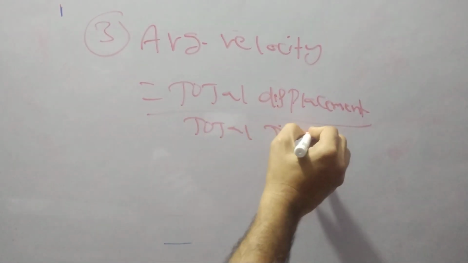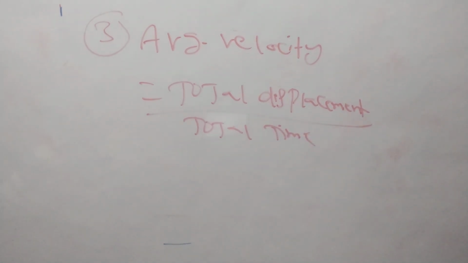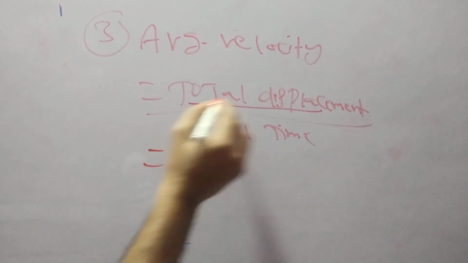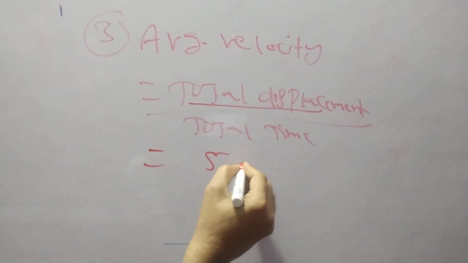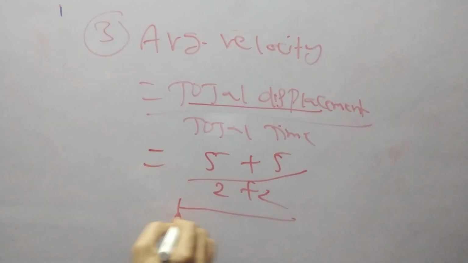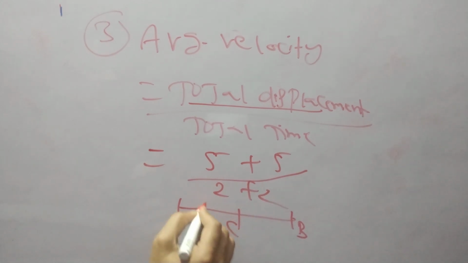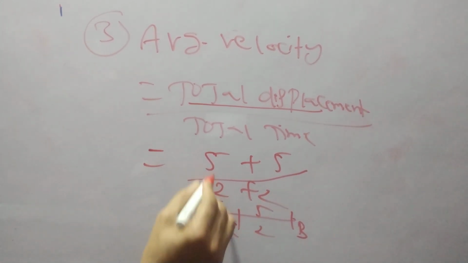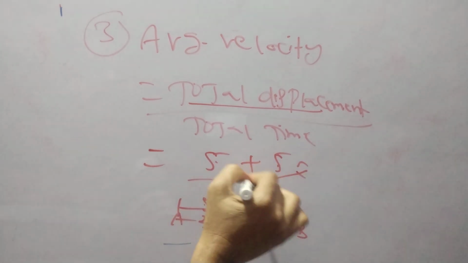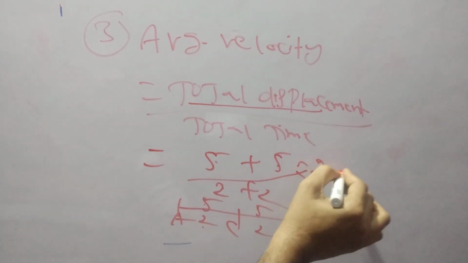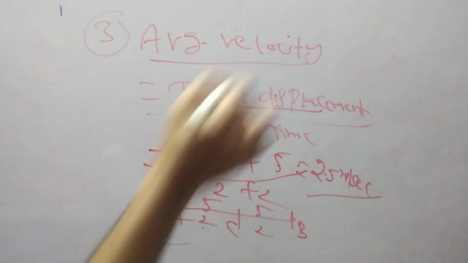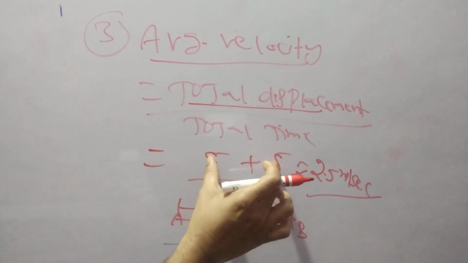So in the previous example we took, the total displacement is 5 plus 5 and total time is 2 plus 2, because the object moved like this, A to B. So 10 by 4 is 2.5 meters per second. We have to specify the direction, and that is the average velocity. So total displacement by total time.